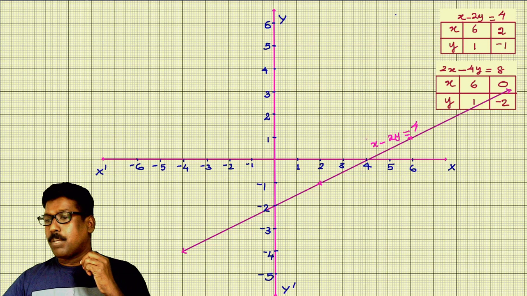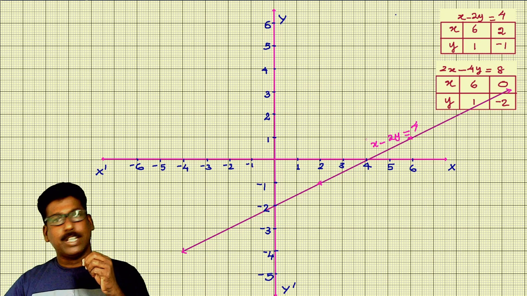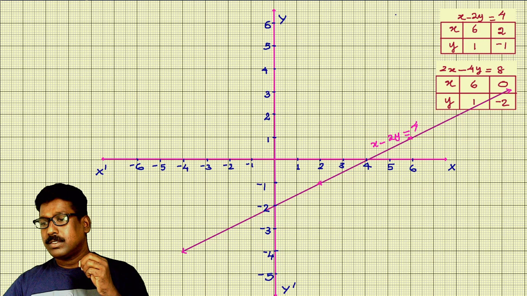Now let me plot the points for the equation 2x minus 4y is equal to 8. When x is equal to 6, y is equal to 1. Same point. When x is equal to 0, y is equal to negative 2.